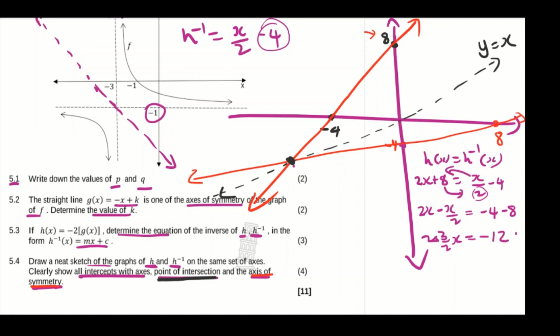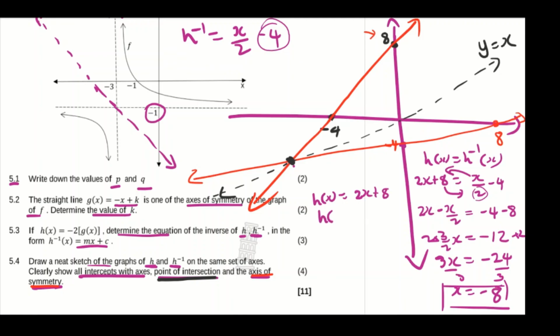Multiply by 2, both sides. So 3x is equal to minus 24. Divide by 3 both sides. So x is equal to minus 8, right? And then we want to identify the value of y. So we know h of x equals 2x plus 8. And we found x to be minus 8.